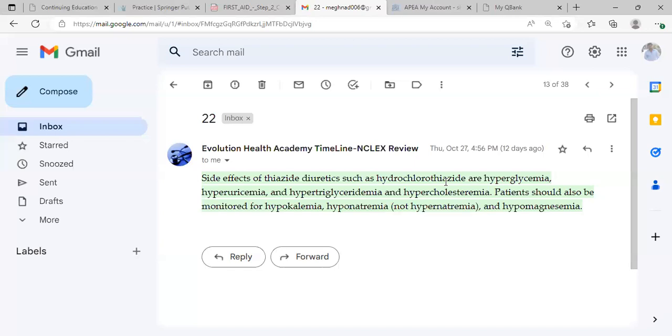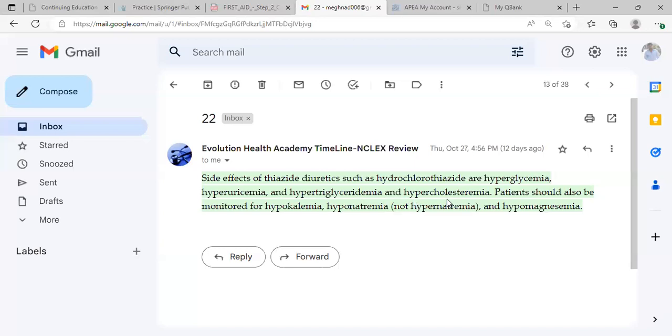What we have to monitor, because this medication can cause hyperglycemia, blood glucose level goes up, hyperuricemia, uric acid level goes up, and hypertriglyceridemia, means triglyceride level goes up, and also hypercholesterolemia, cholesterol level goes up.